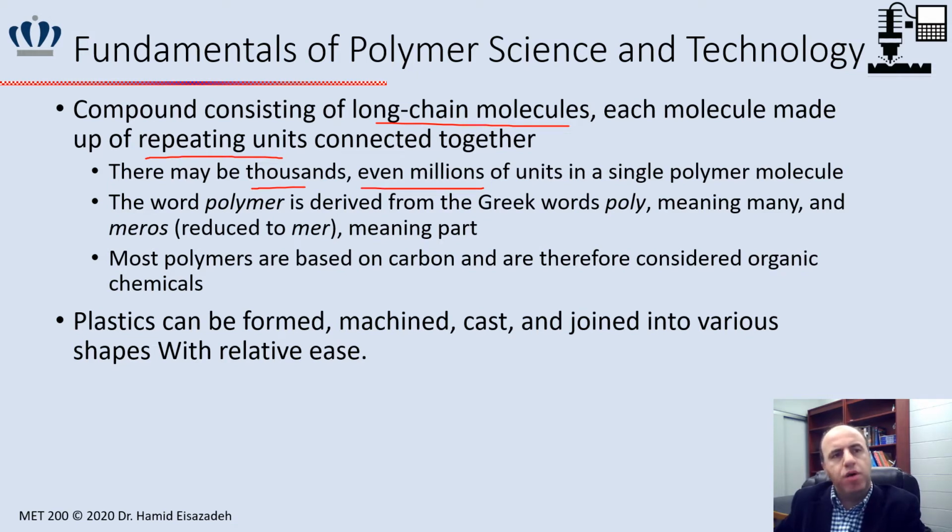The word polymer is derived from a Greek word. It actually has two parts. The first one is poly, which means many, and the second part is meres, or we can say mer, which means part.